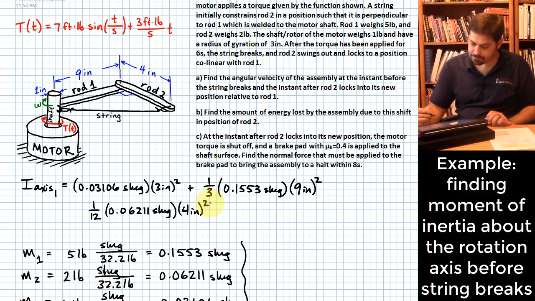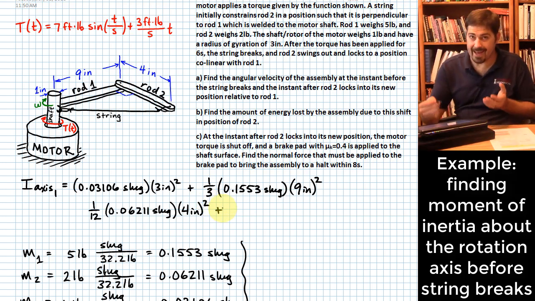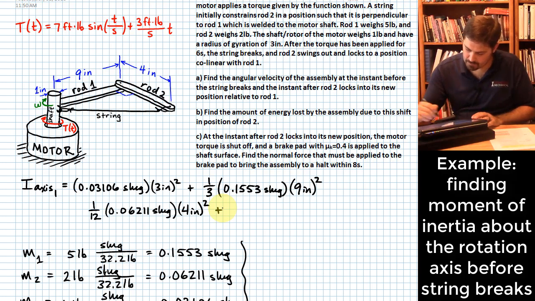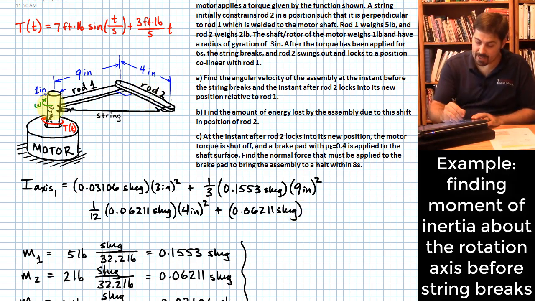squared. All right, and to this we need to add, okay, remember you take the mass of that part of it, which is 0.06211 slugs, and multiply it by the radius squared from the CG of rod 2 to the axis we're taking this about, okay? And so that basically would be a line. I'll just sketch right on here. There's a line that goes like to the middle of this rod.